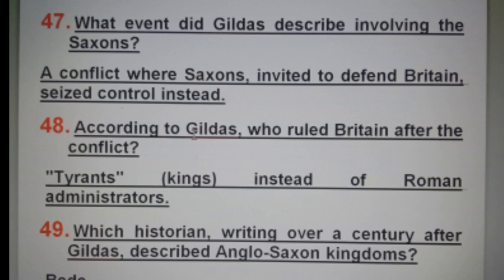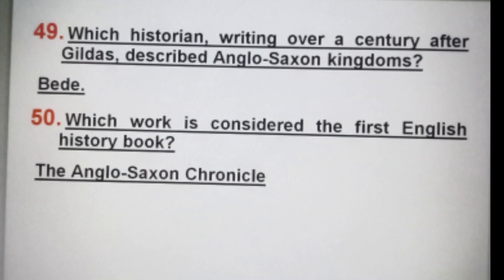What event did Gildas describe involving the Saxons? A conflict where Saxons, invited to defend Britain, seized control instead. According to Gildas, who ruled Britain after the conflict? Tyrants or kings instead of Roman administrators.